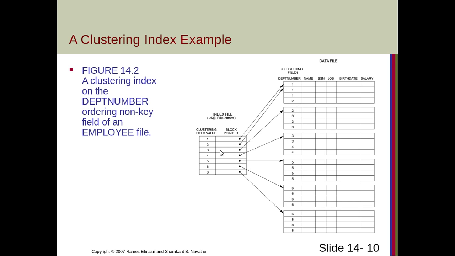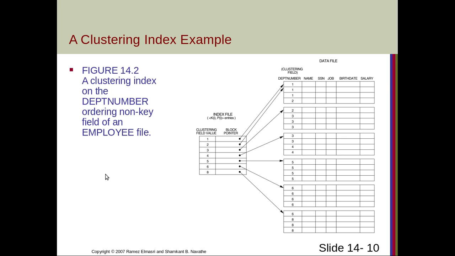See the third one. The third one is pointing to the second block. In the second block, you have 3 entries having department number 3, and in the third block also you have entries having department number 3.